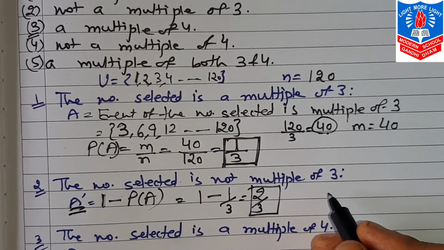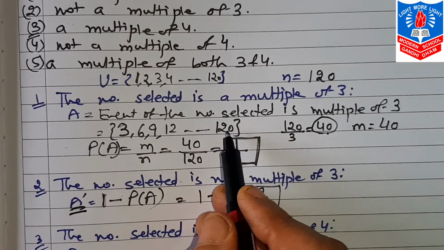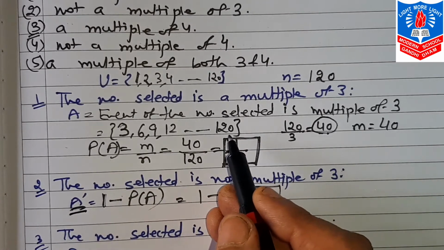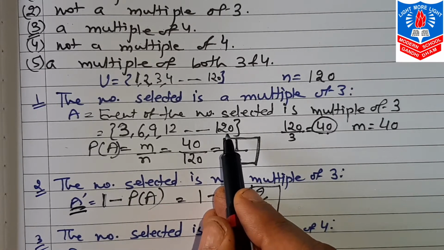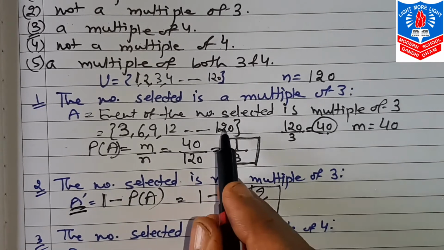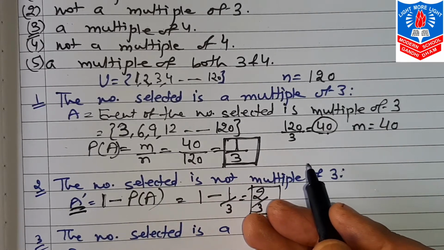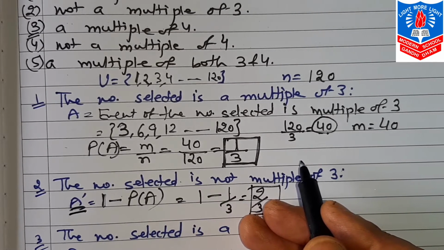Another way you can solve it. We know that multiples of 3 are 40, and it's too simple to get this answer of 2 by 3. See, 40 are multiples of 3, so the rest, 80, will be those which are not multiples of 3.